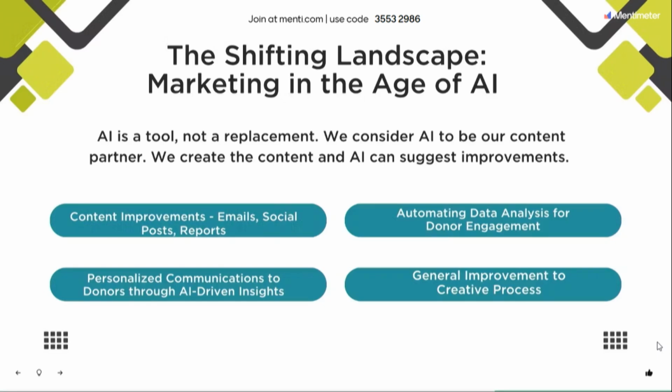So the shifting landscape, marketing in the age of AI. We want to really reiterate that AI is a tool. It's not a replacement. It's something that we use as a partner. It's not something that we want to use entirely and not put any human touch into it. How many have read an invite or a post or a grant application, and you can tell that they used AI completely?